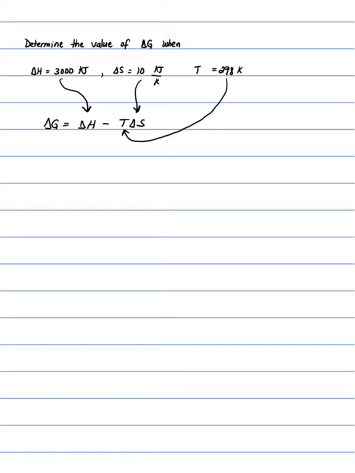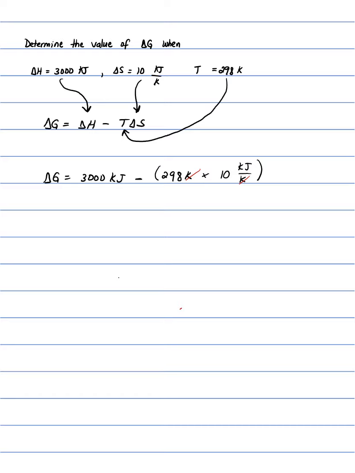So I'm going to start writing down my numbers. Delta G equals 3000 kilojoules, and that's minus my temperature, 298 kelvins, times the delta S, which is 10 kilojoules per Kelvin. So this unit of Kelvin is canceling out because the delta S is given in units of energy per temperature. So you have kilojoules over kelvins. The unit Kelvin will cancel out.